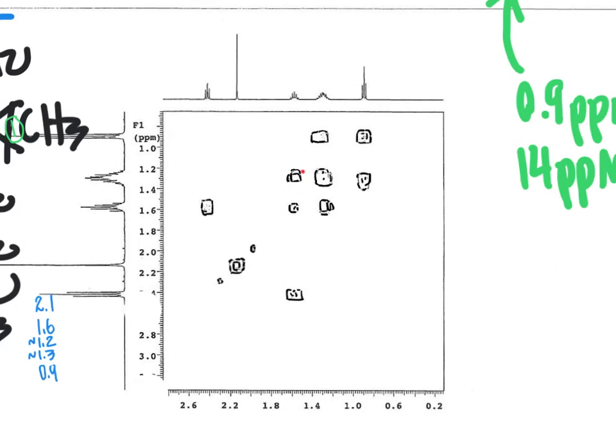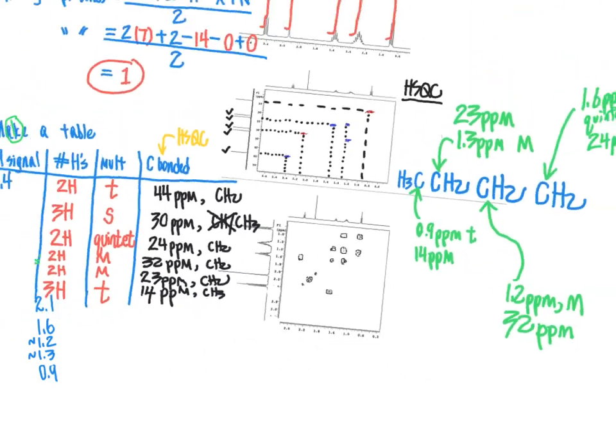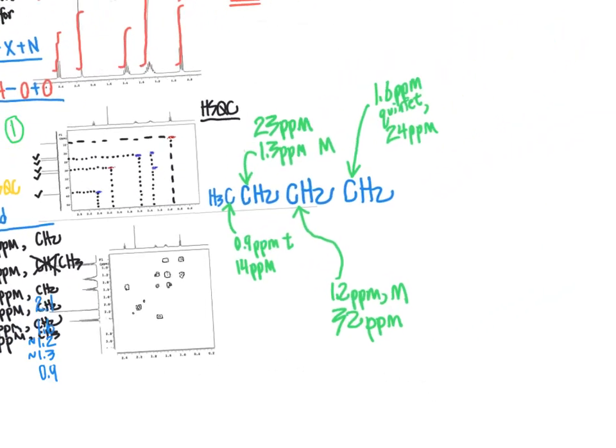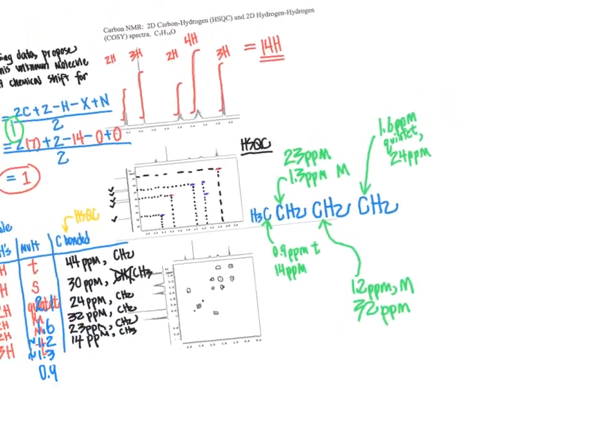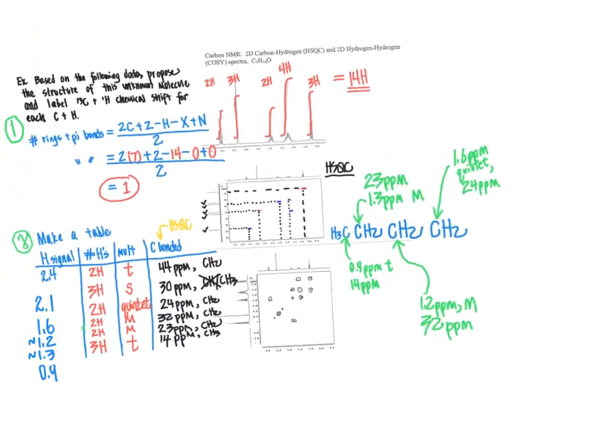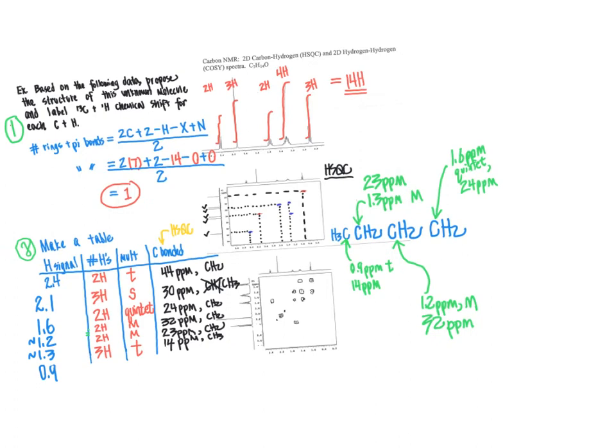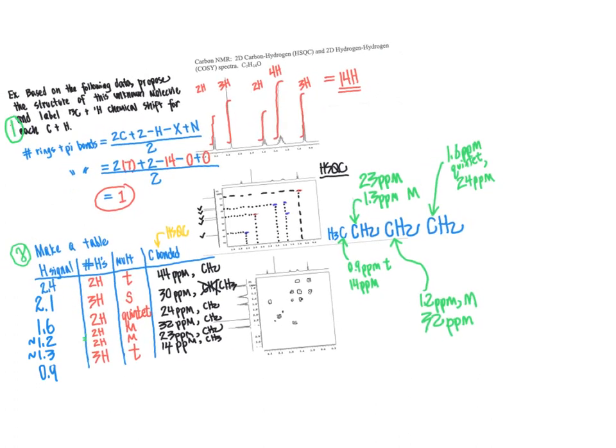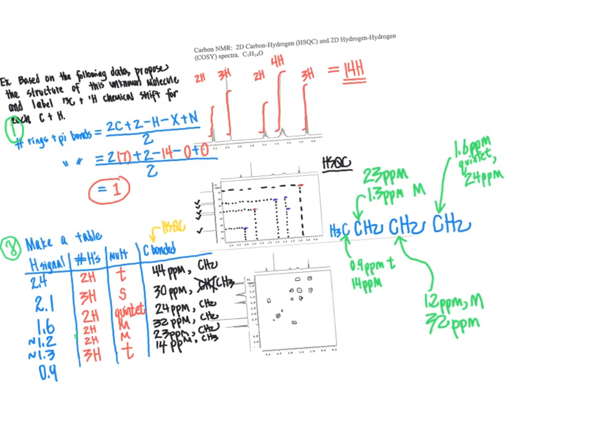We have this signal, which was our 1.2 signal. We already saw and drew in the correlation there. And then we come to here and we see a correlation to a signal that is at something like 2.4 to 2.5. And so we need to plug in something that is at 2.4 directly bonded to that signal that was at 1.6 because we see a COSY correlation there. So let's go ahead and do that.